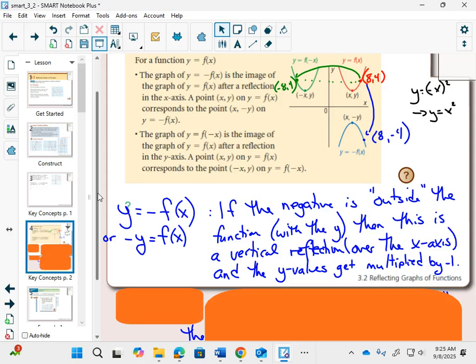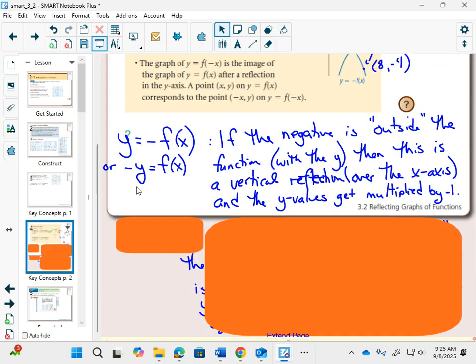Sometimes they'll just say, hey, could you do a vertical reflection? Oh, then you would know you have to go over the x-axis. Or they could say, could you reflect over the x-axis? So all of those things describe how the overall thing is a reflection over the x-axis. Algebraically, all that's happening is your y values are getting multiplied by a -1.